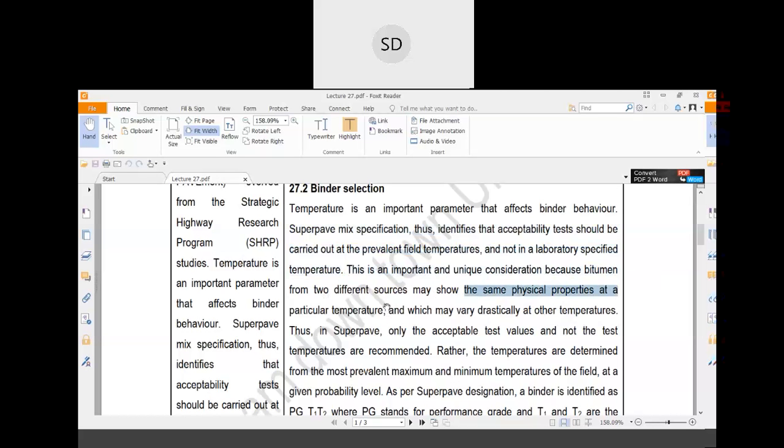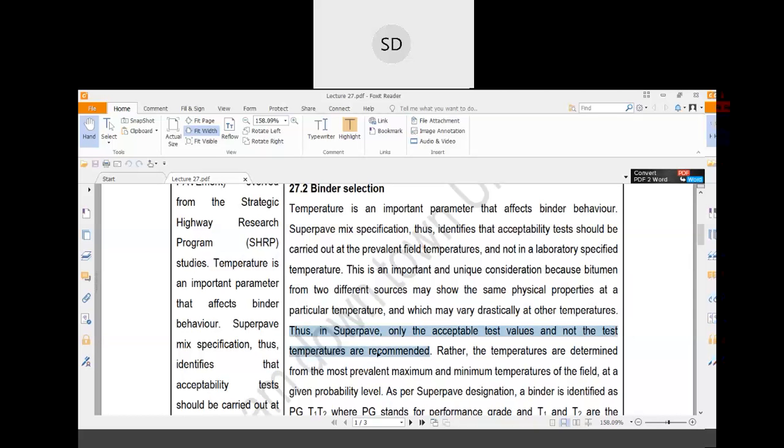Thus in Superpave, only the acceptable test values, and not the test temperature, are recommended. So suppose you are doing this test at different temperatures, in that case only the acceptable test values are recorded.